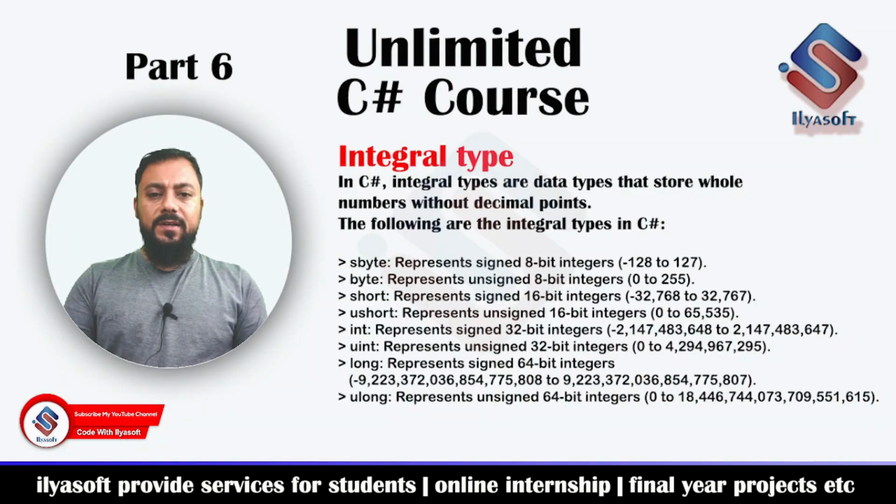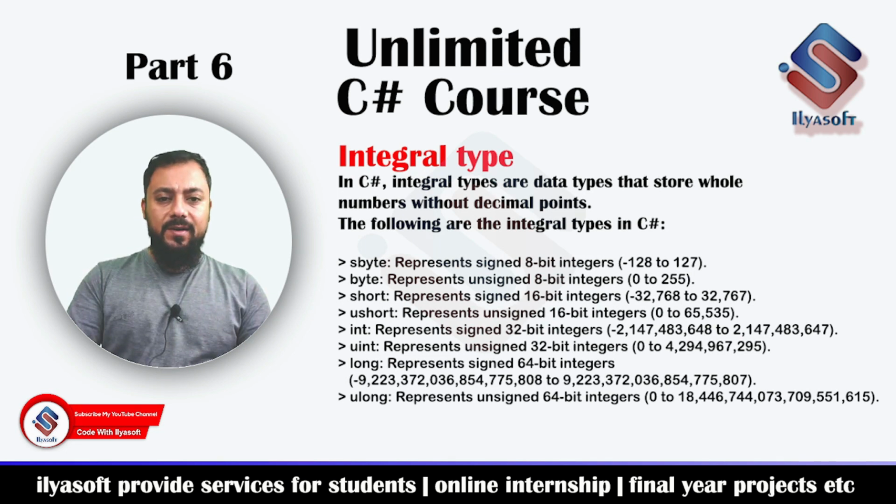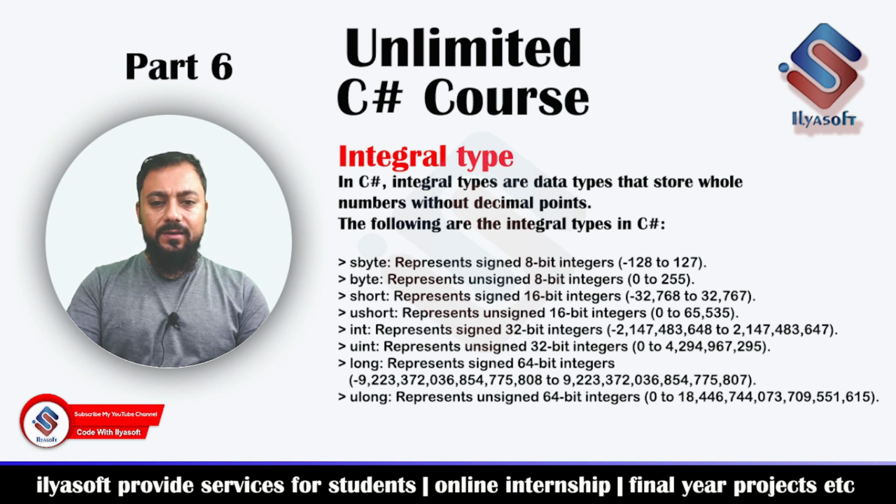The next is integral types. C Sharp integral types are data types that store whole numbers without decimal points. The following are the integral types in C Sharp: sbyte, byte, short, ushort, int, uint, long and ulong. The sbyte can store negative values, and the byte does not store negative values. The byte stores from 0 to 255, and the sbyte stores values from minus 128 to 127.